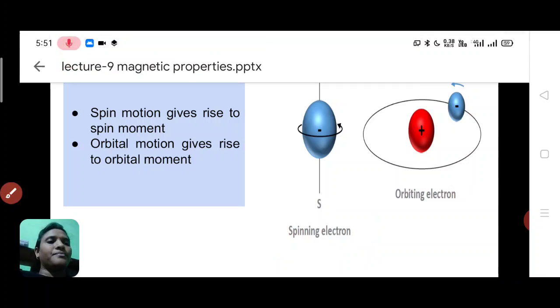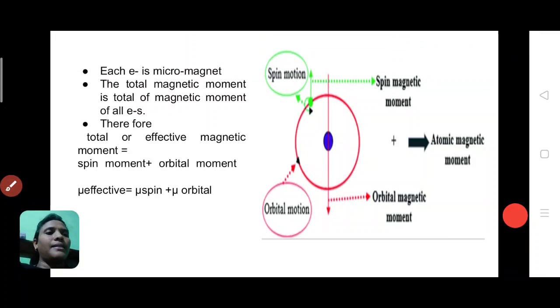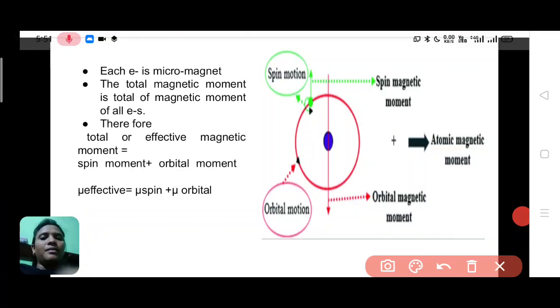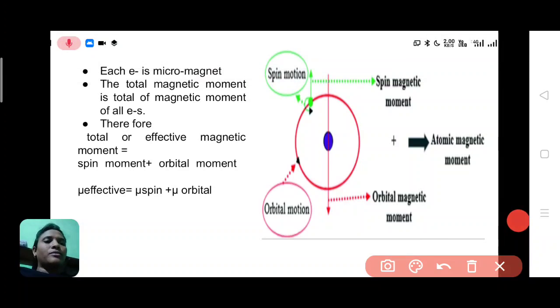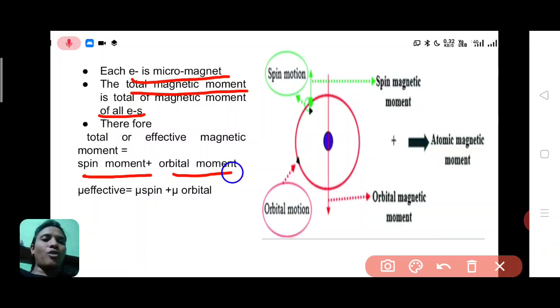Now next, see here, each and every electron of an atom acts as a micromagnet. The total magnetic moment of an electron is considered as the sum of spin moment and orbital moment. See, this is the atom and this is the nucleus.